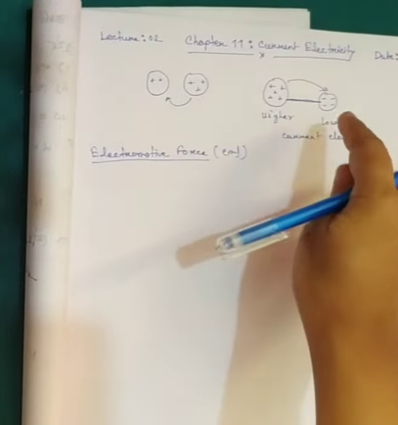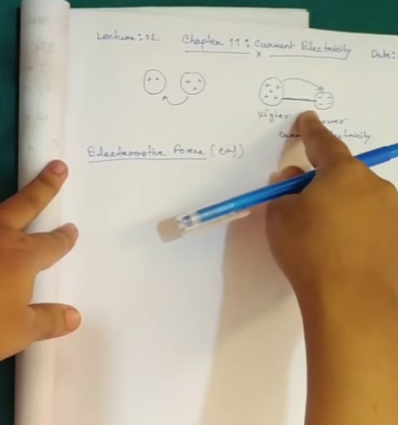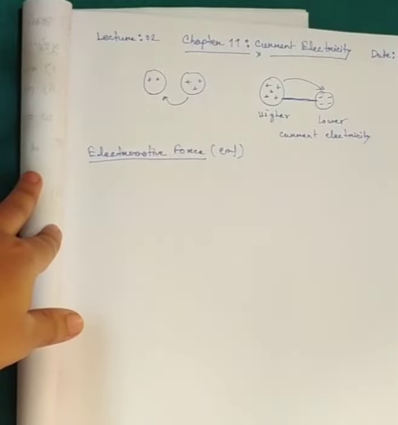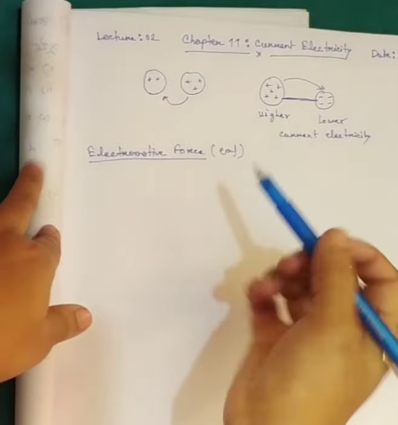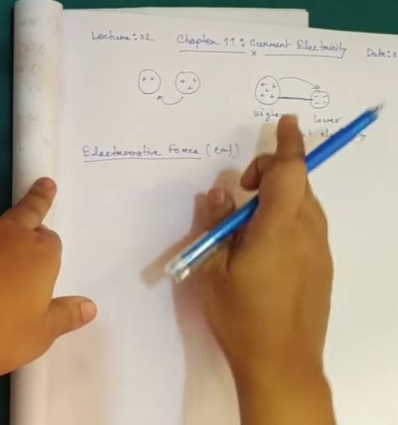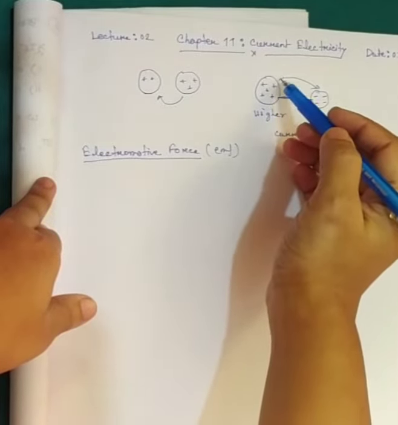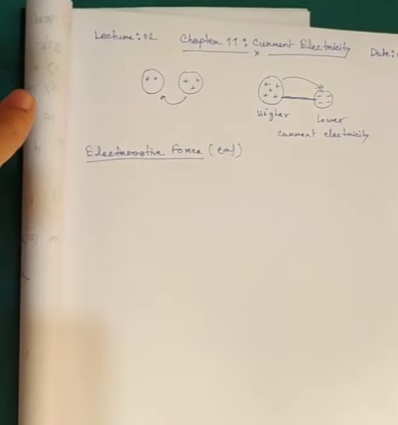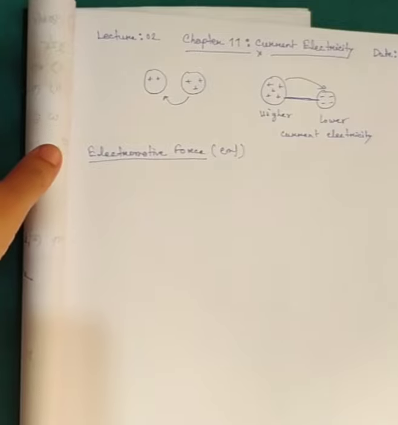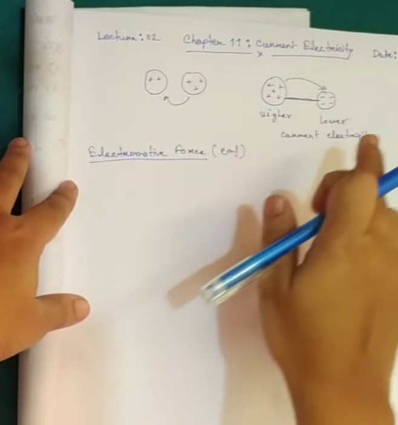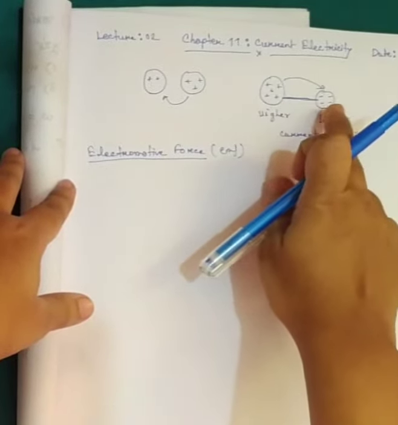between 2 objects. If there is potential difference between 2 objects, the charges from higher potential will move to lower potential, and that is called the flow of electricity. But within some period of time, the potential of both objects will become equal because the charges are moving from one to another.